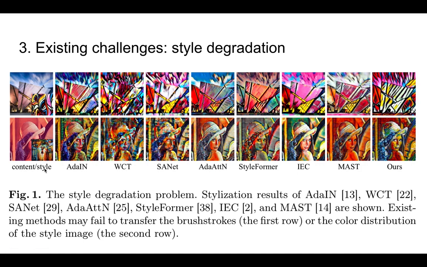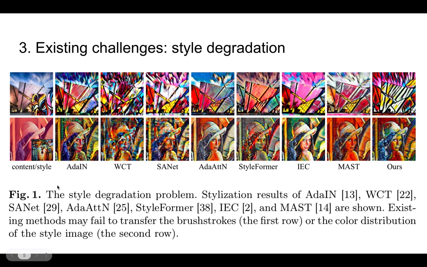Even for the color distribution, existing methods also have problems rendering the image with correct color distribution. It may only use a small part of the colors for rendering, or even use colors that can never be found in the style image.